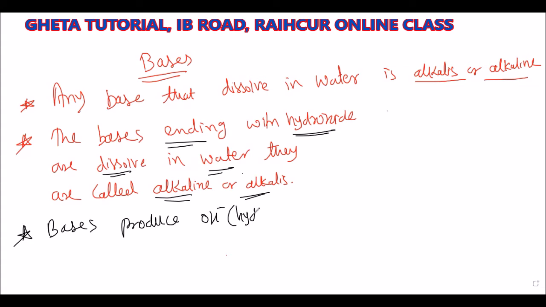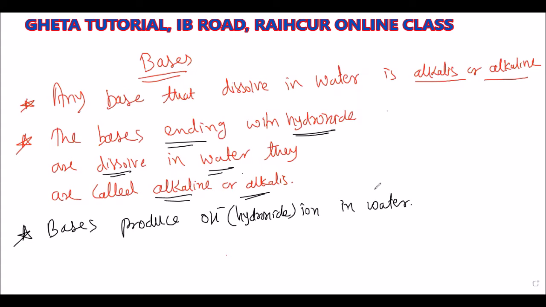That is called the hydroxide ion. So bases produce OH minus ion, or hydroxide ion, in water.